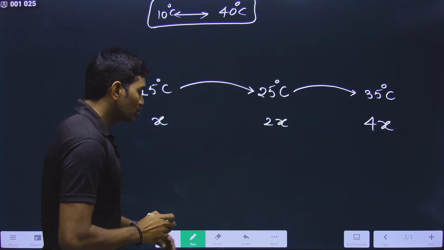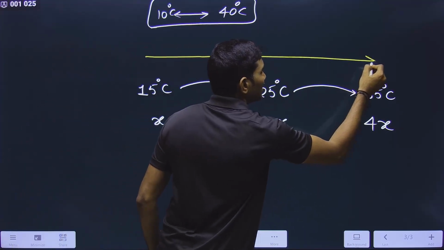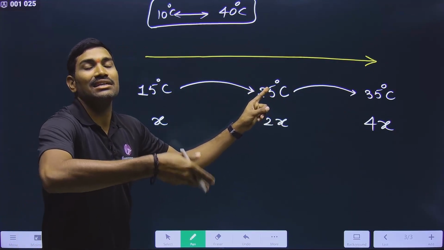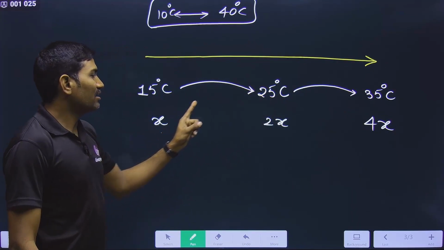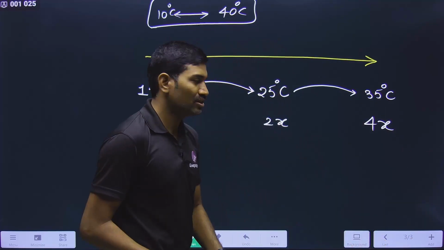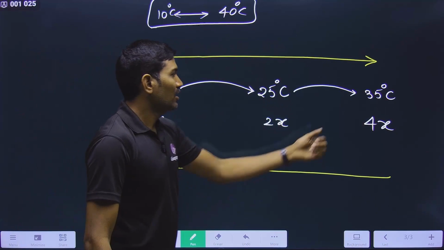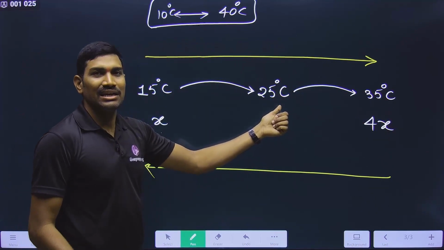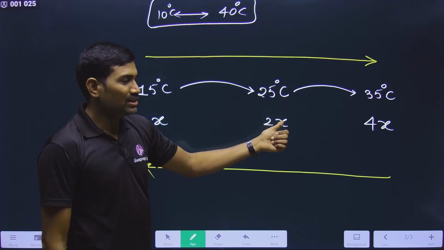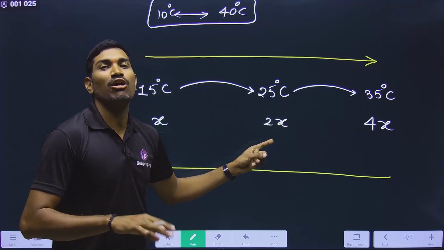Understood or not? So in this direction, for every 10 degrees centigrade rise in temperature, the rate of reaction will be doubled. Yes or no? Now suppose you observe in the opposite direction. For every 10 degrees centigrade drop in temperature, the rate of reaction will be reduced by half.